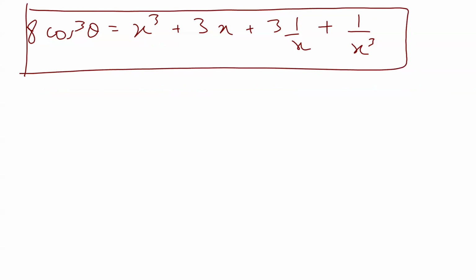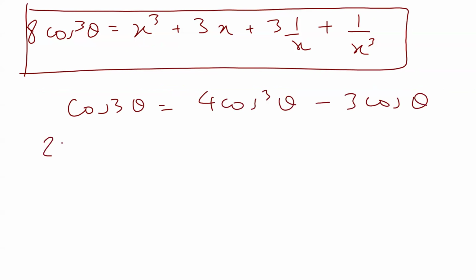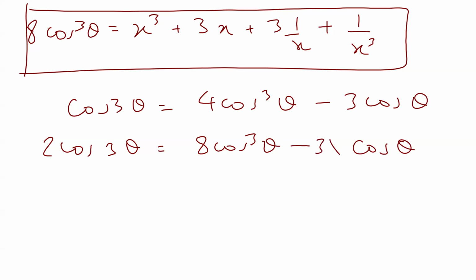They are requiring 2 cos 3 theta. First of all, cos 3 theta is equal to 4 cos cube theta minus 3 cos theta. Multiply 2 on both the sides. Why multiply 2 on both the sides? Because we require 2 cos 3 theta on the left hand side. Just check the problem. So this is 3 into 2, and this will be 4 into 2.